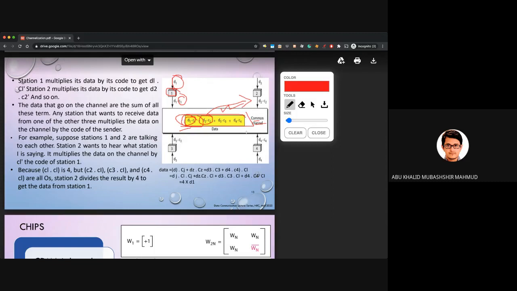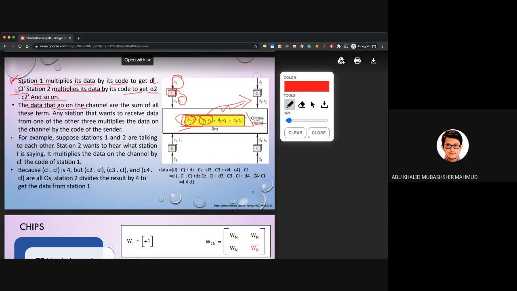So I'm just going to read out the points. Station 1 multiplies its data by its code to get D1 C1. Station 2 multiplies its data by its code to get D2 C2, and so on.